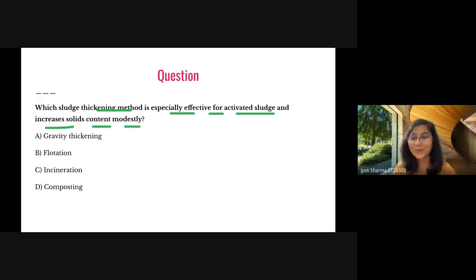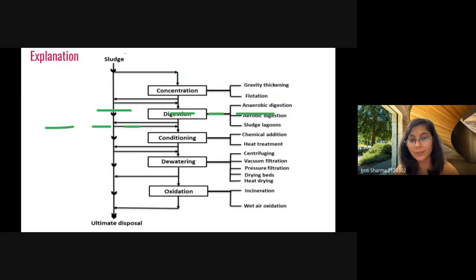You gave me answer A, but I don't think that A is the right one. You need to revise your answer. For thickening, as I told you, we have two methods: gravity thickening and flotation. One method is important for the sludge that we get after primary treatment, and another for the sludge we get after secondary treatment.